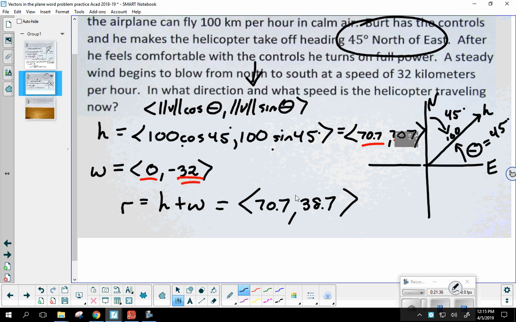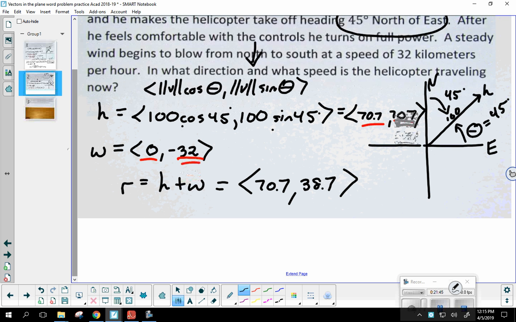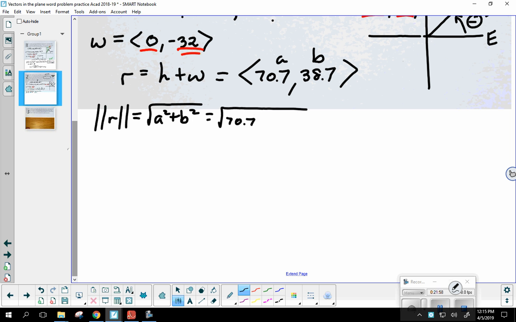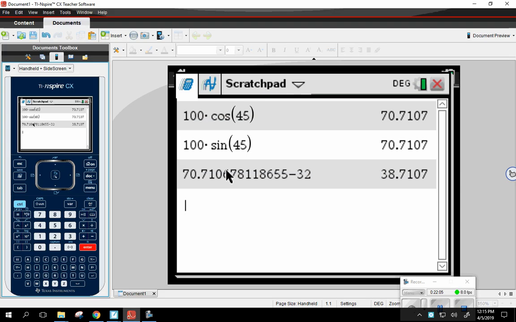Okay. Well, how do I find the magnitude? How do I find the actual speed that the helicopter's traveling? Okay, so remember, that's the magnitude. So the magnitude of R is the square root of A squared plus B squared. Remember, this is your A, this is your B. So the square root of 70.7 squared plus 38.7 squared. So let's see what that turns out to be.